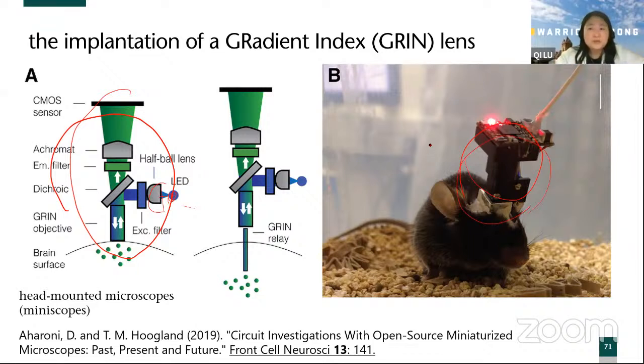It's much smaller, but compared to the size of the animal, it's still super big. But I think it's still a good design. Later, I'm still thinking that mounting on larger animals will be better and more applicable for these GRIN lenses. But it's still pretty cool, thinking that it is still a microscope.